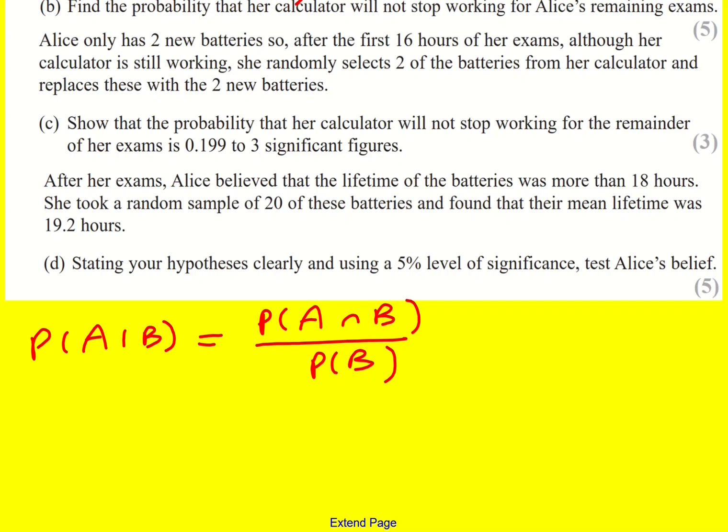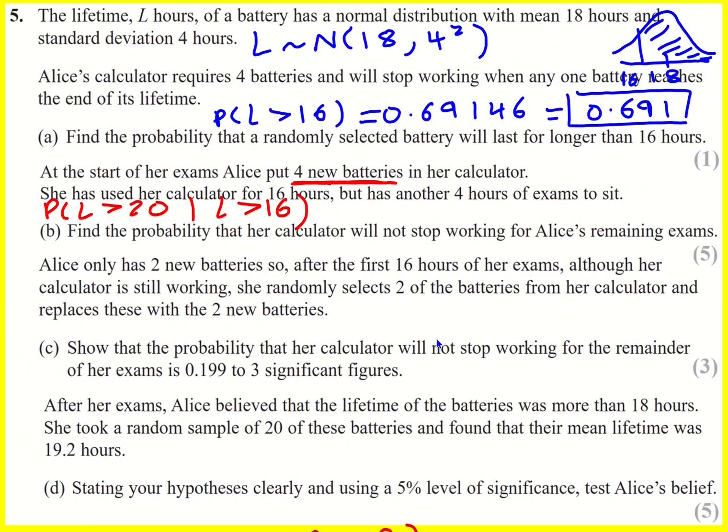We scale the probability accordingly by dividing by the probability of B. So for us, it's going to be the probability that L is greater than 20 and greater than 16. Well, that's just greater than 20, because if it's greater than 20, it is greater than 16, divided by the probability that L is greater than 16. And we've got this one already at the bottom.